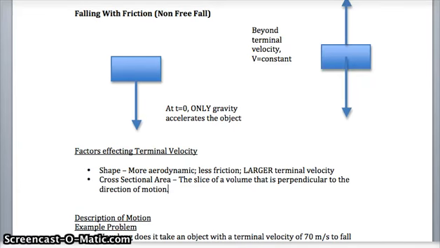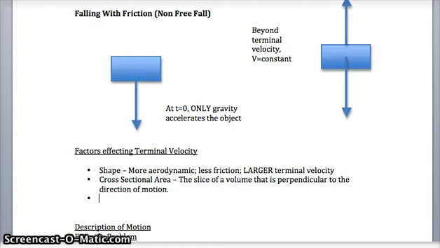So a falling sphere has a cross-sectional area that's a circle. A falling person has a cross-sectional area that could be anything. It depends on how you fall. If you fall feet first, then your cross-sectional area might be a small oval. But if you fall screaming with your arms and legs waving, then the cross-sectional area just looks like a chalk outline or something. This is distinct from surface area. This is only cross-sectional area.